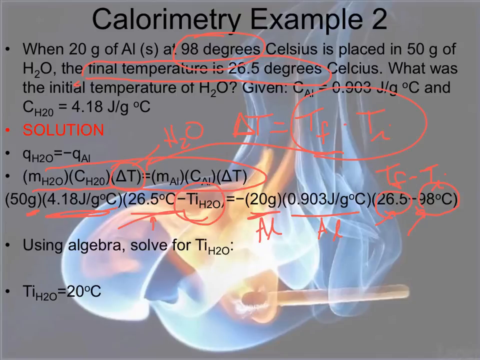So practice that. This is algebra, so if you have any trouble, come see me. If you want me to work it out for you, let me know, and I can probably do another quick one of these to show you how. But give it a try yourself. Make sure that you come up with an initial temperature for water of 20 degrees Celsius. That is it for this pre-recorded lecture.